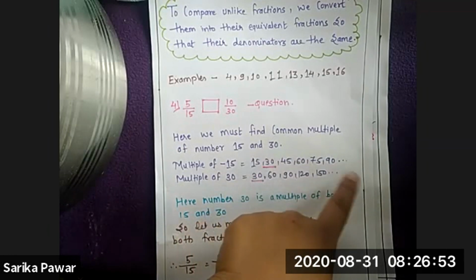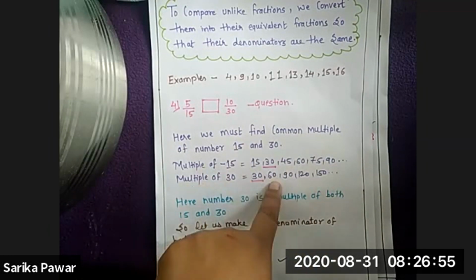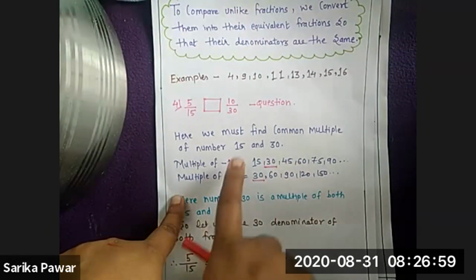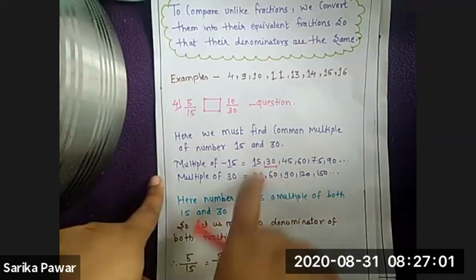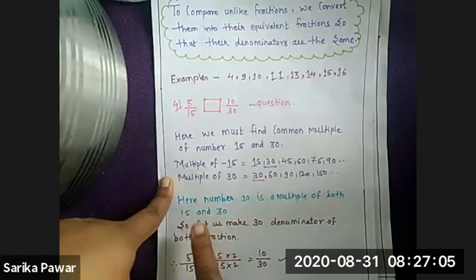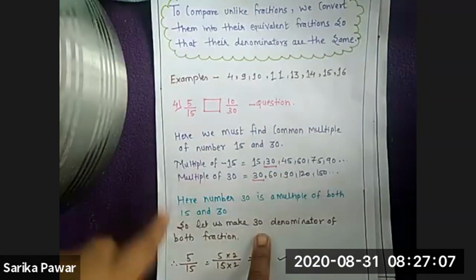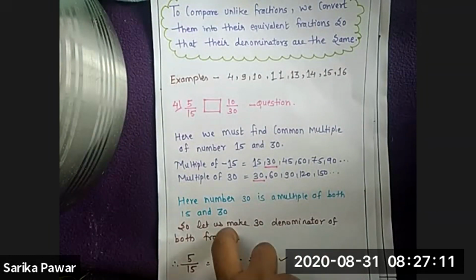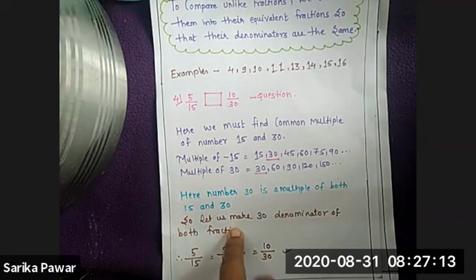Here I wrote the 15 table and here the 30 table. So number 30 is the common multiple of both denominators 15 and 30. So let's make 30 the denominator of both fractions, isn't it? So for that, what to do?